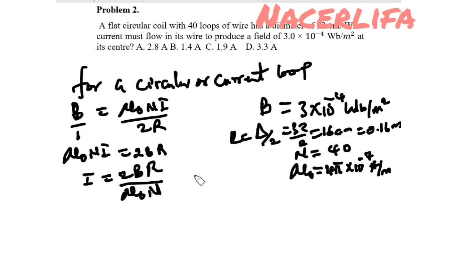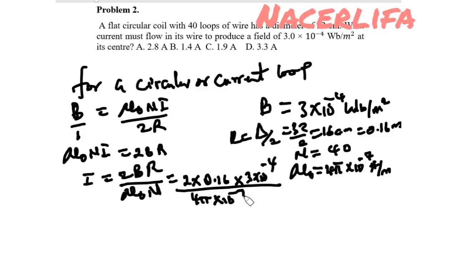So replacing in this formula, you have 2 times R, which is 0.16, and the radius is the R, and B is giving us 3 times 10 to the power minus 4, upon the magnetic permeability, which is 4 pi times 10 to the power minus 7, times the number of turns, which is 40.